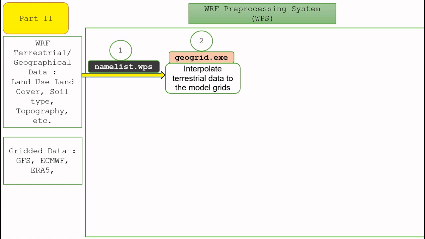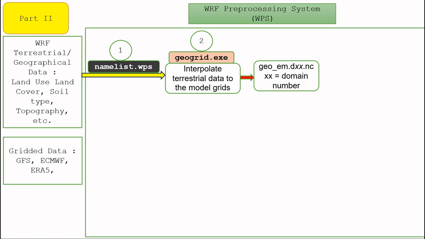After a successful run of geogrid.exe, it will create a netcdf file named geo_em.dXX.nc, where XX refers to the number of the domain.